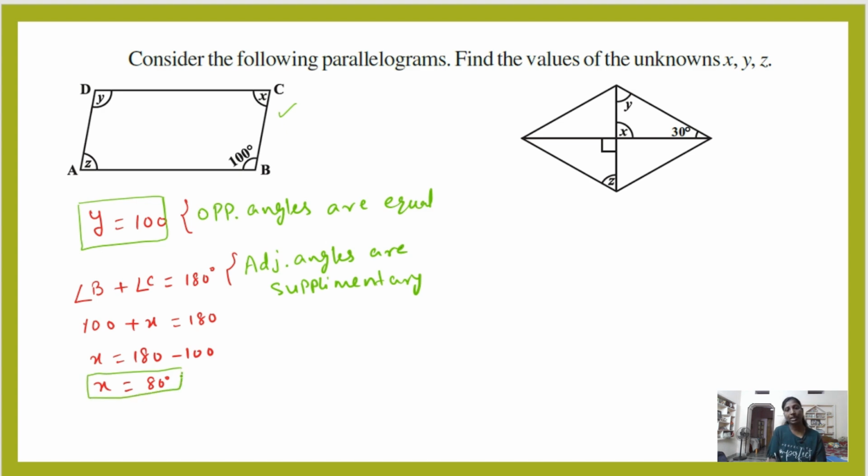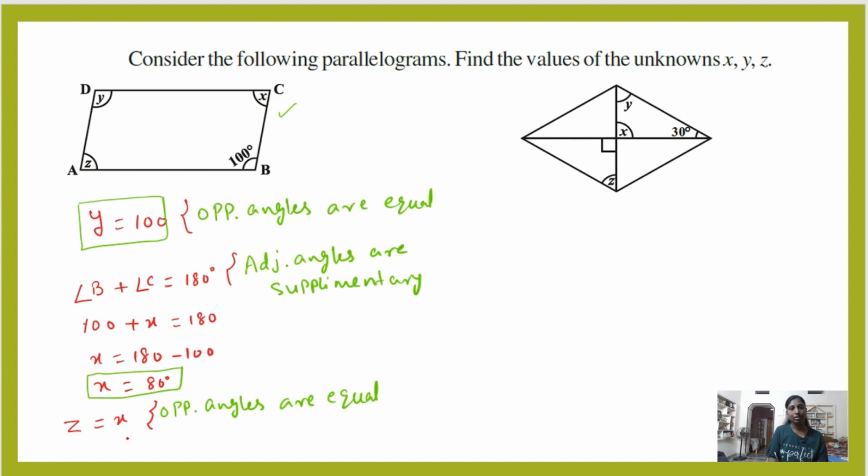Now what about z? We have to find out the value of z also. Here we can see that angle A and angle C are opposite angles, which are equal. So z is equal to x. Here these are opposite angles, which are equal.